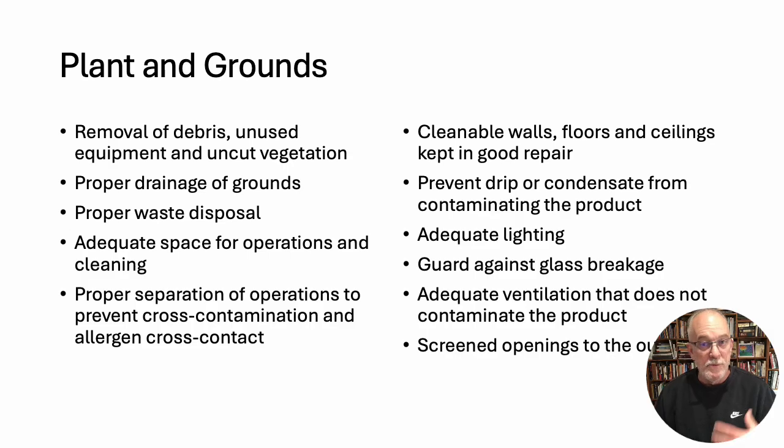We want to make sure that we have good airflow. We want to make sure we're managing the plant and the grounds in a way that when we bring in or move product in the plant, it's not impacted by contaminated air. We want to make sure that we don't let the pests in, so we have doors or air curtains, or we have self-closing doors. The holes are covered. We want to make sure we're managing this stuff.